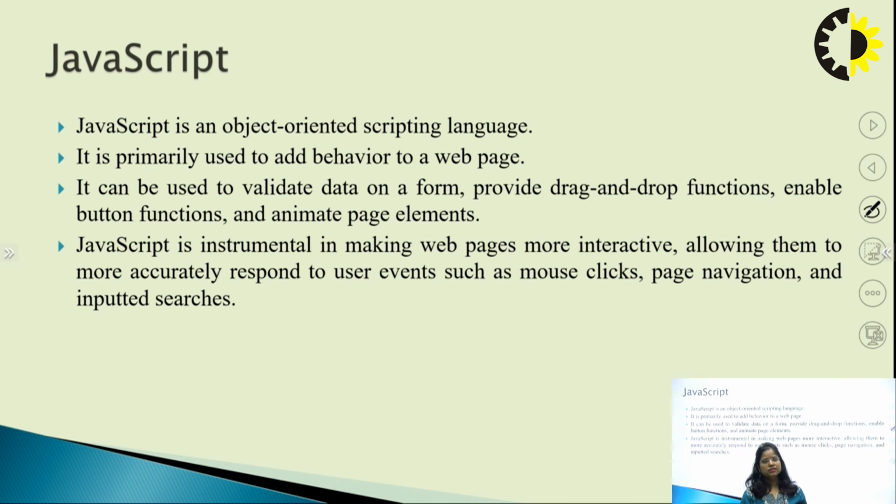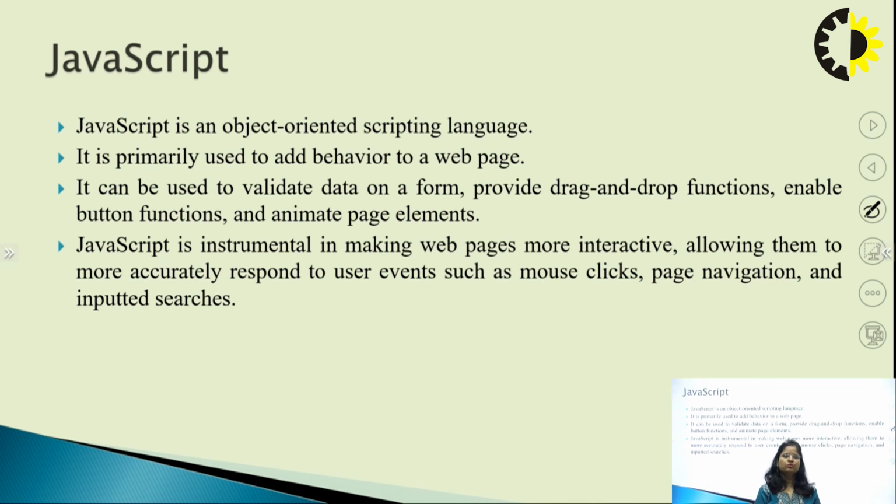JavaScript is another recommendation. JavaScript is an object-oriented scripting language. It is primarily used to add behavior to a web page. By using HTML and JavaScript, we can create more interactive web pages. We can collect data from the user.